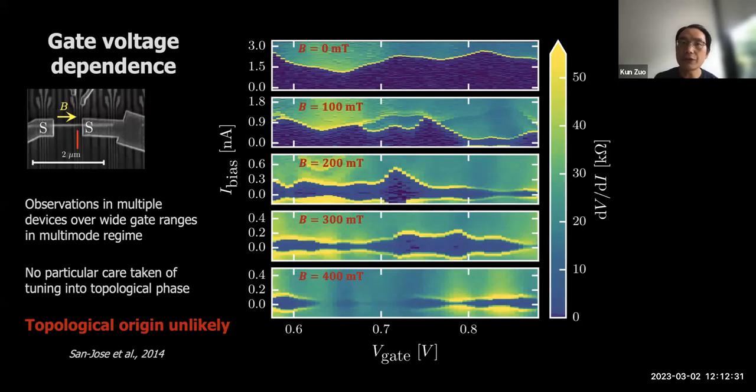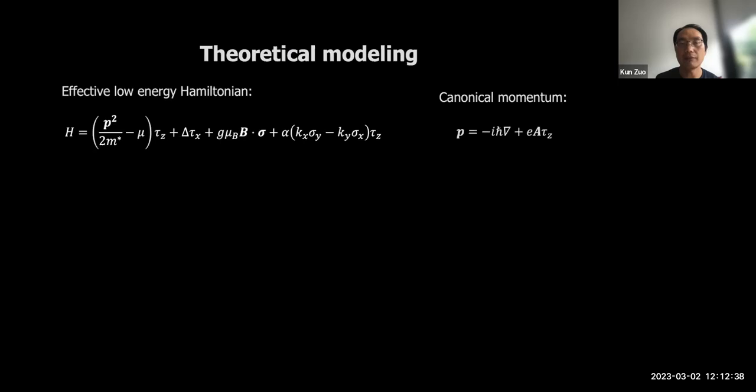In order to understand the mechanism of the supercurrent interference, we developed our theoretical model. Basically, we write down the effective low energy Hamiltonian by taking into account the momentum, the Zeeman field, and the spin-orbit field.